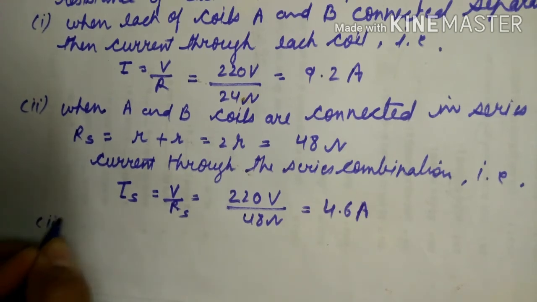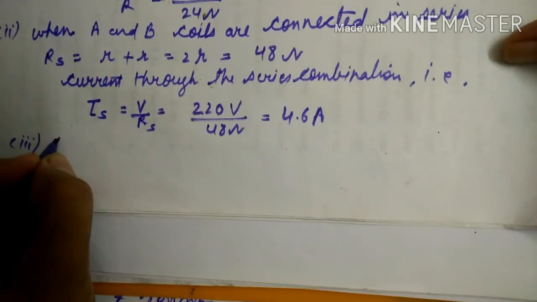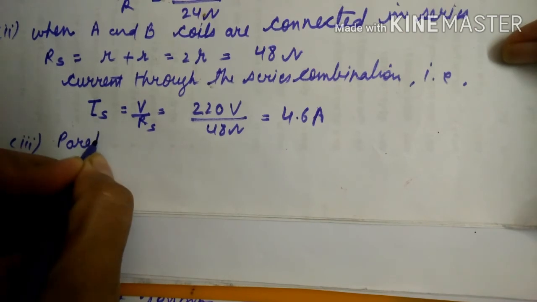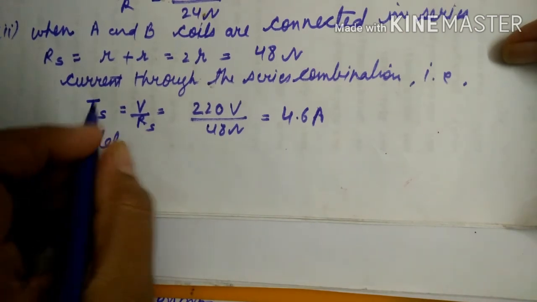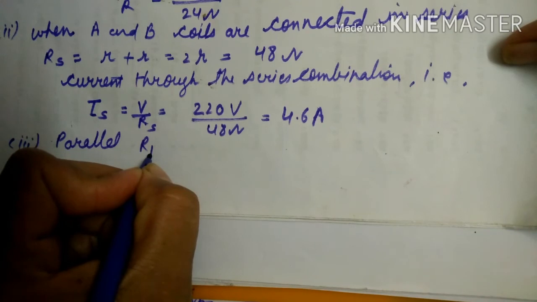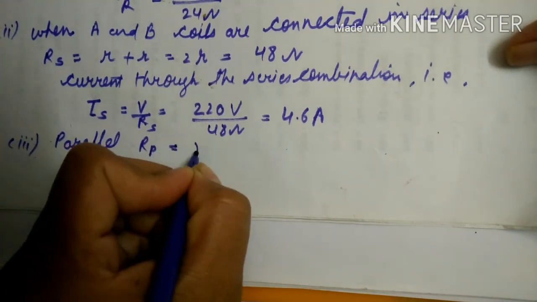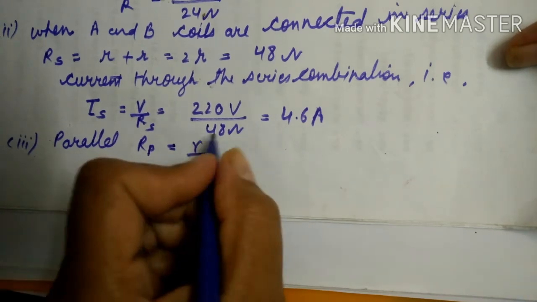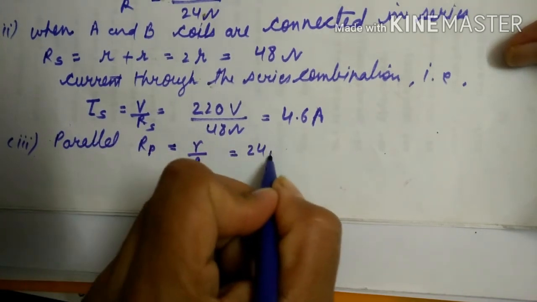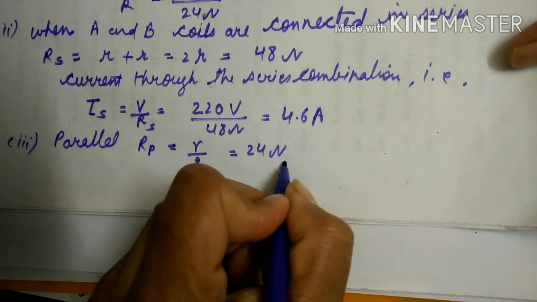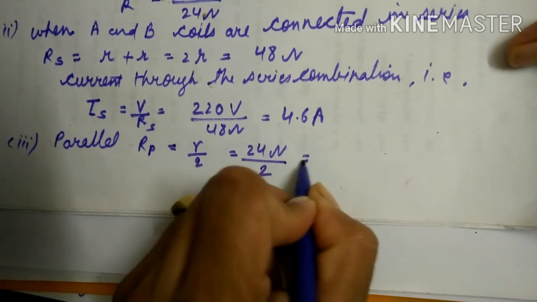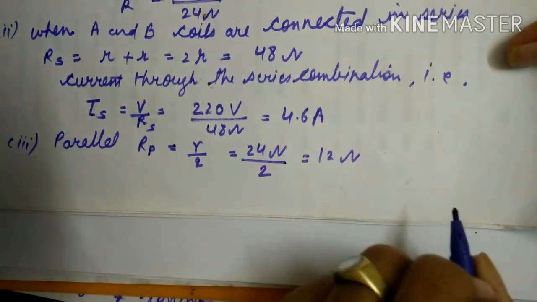Now in the third case, when coils are connected in parallel, so firstly the total resistance, equivalent resistance in parallel, r upon 2, that is small r upon 2, 24 ohm upon 2, so 12 ohm.